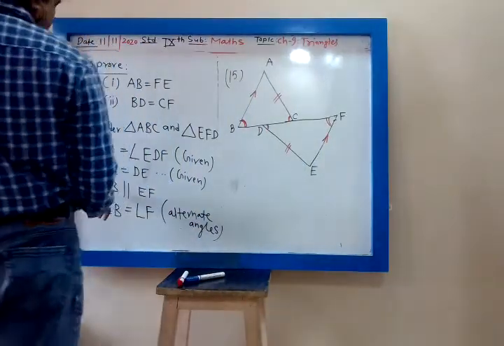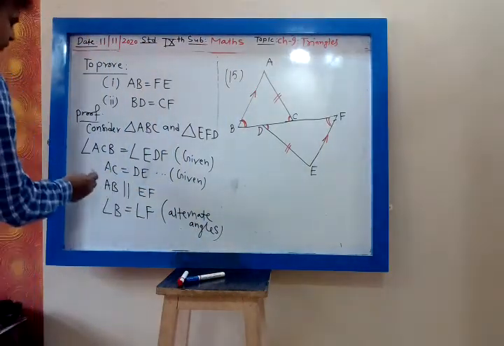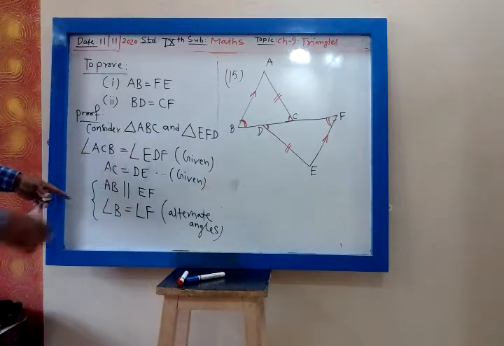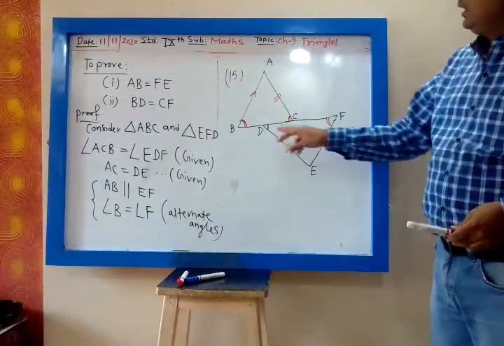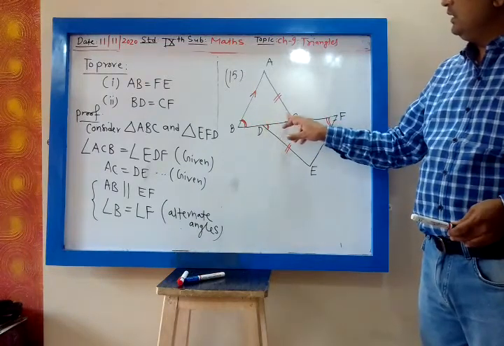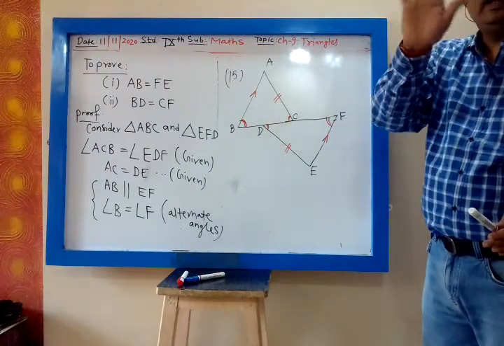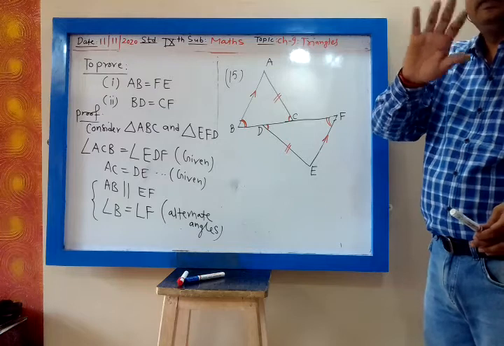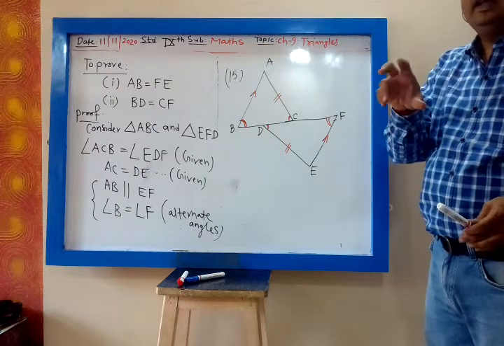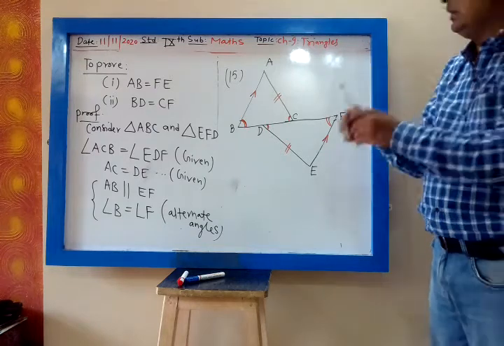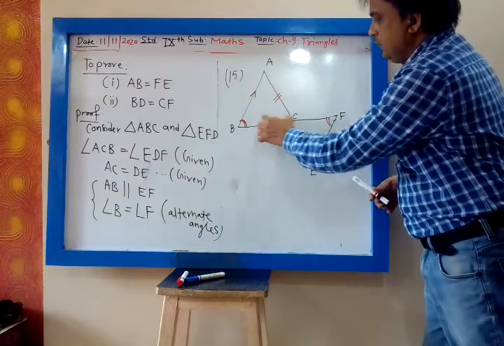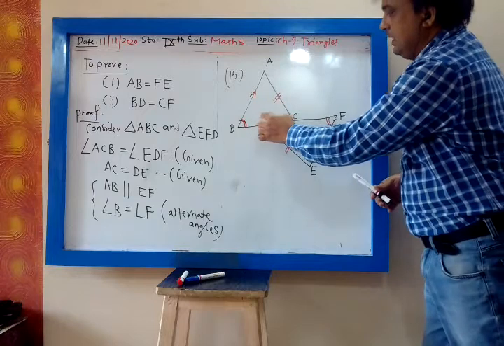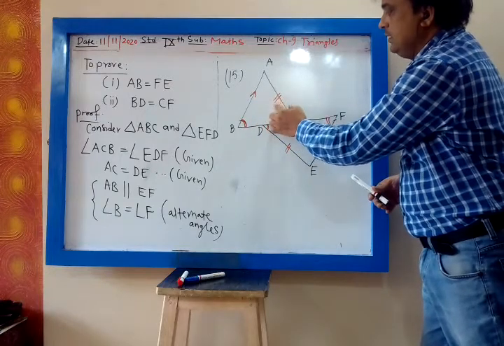We have taken AB parallel to EF, I have used these two together. Angle, side, angle is not there. Remember, for angle, side, angle, that side must be between two angles. Between these two angles there is no side. The side which is equal is adjoining.